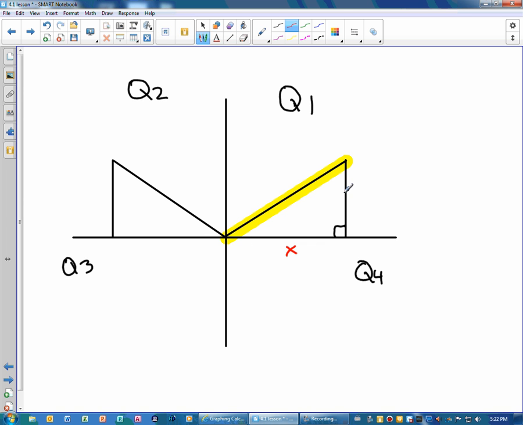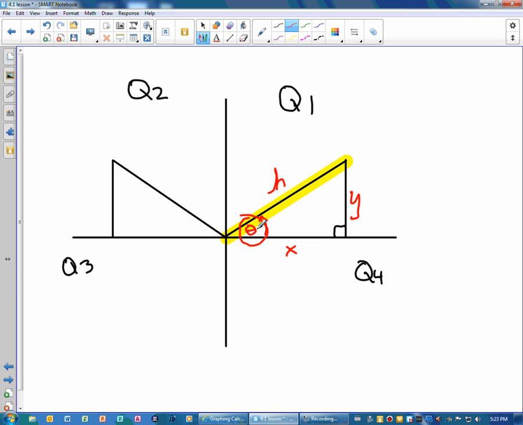From here to here, I'm going up the y-axis, so we could call that y. And this we're going to call the hypotenuse. It's across from the 90-degree angle. We're going to consider this angle here our reference angle.